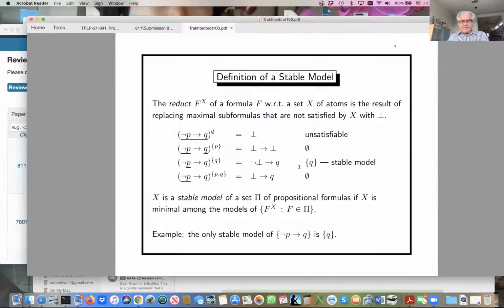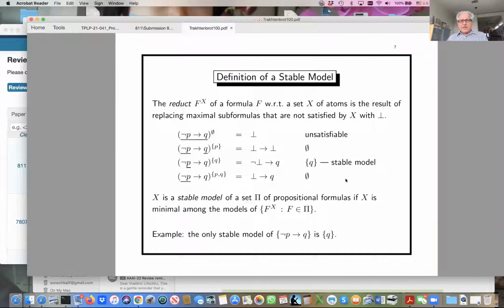And the third line is the place where we have this complete match, because the reduct, which is equivalent to Q, has the singleton Q, the set X that we used to construct the reduct, as its minimal model. So when we have such a match between the set that we started with and the minimal model of the reduct, that means that our model is stable.